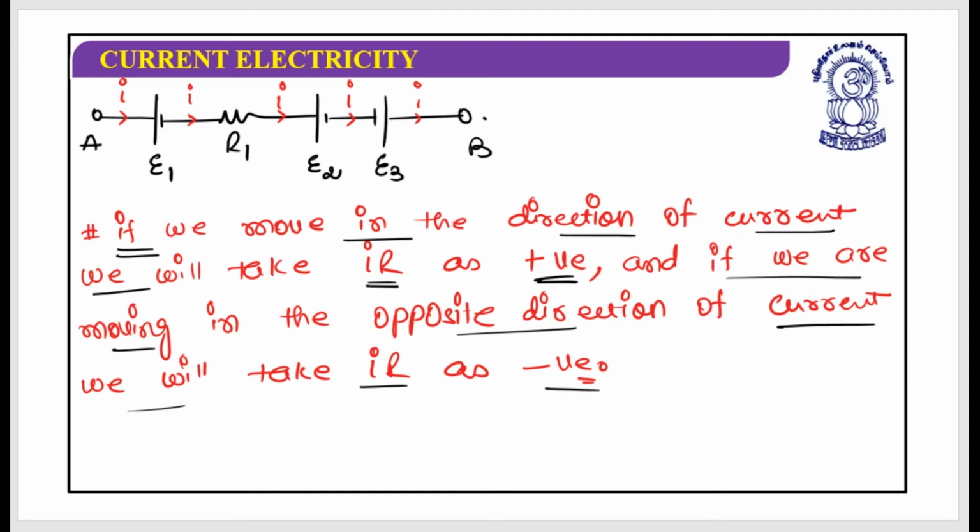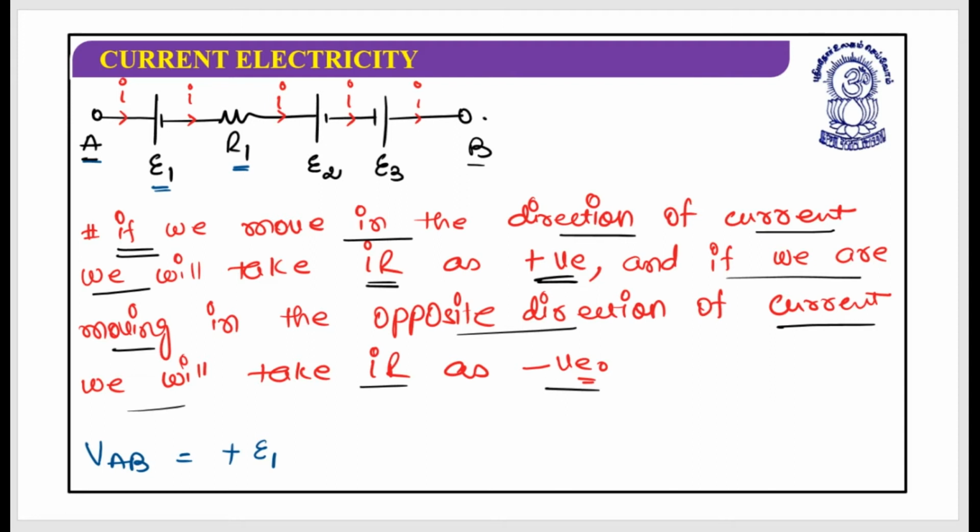So if I write VAB, it's the potential difference across AB. Let's say this is VAB. If I start moving from here, first I get a battery. It's positive terminal to negative terminal, so I should write plus E1. Then I get resistance, so I need to write I into R, because V equals IR.